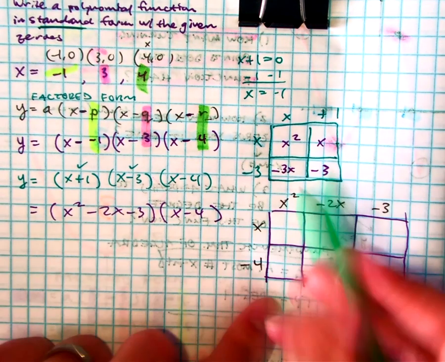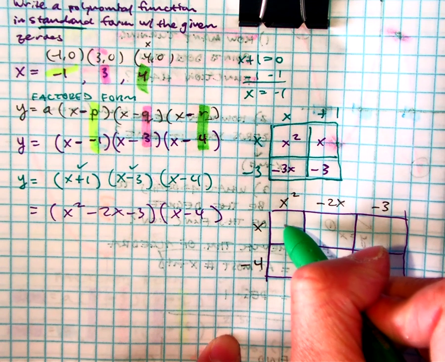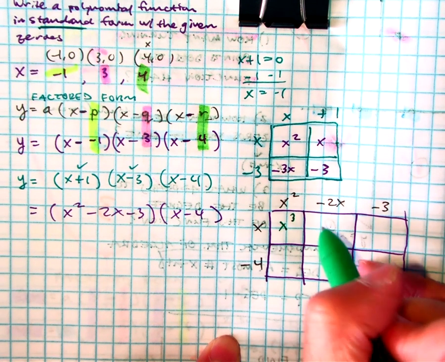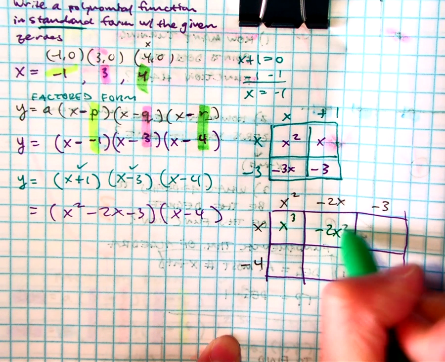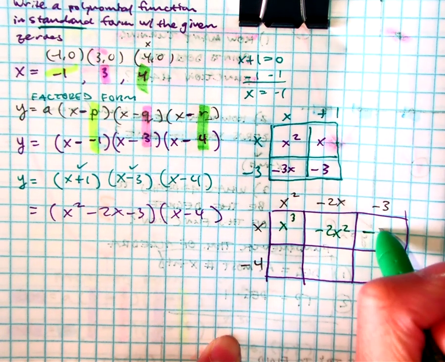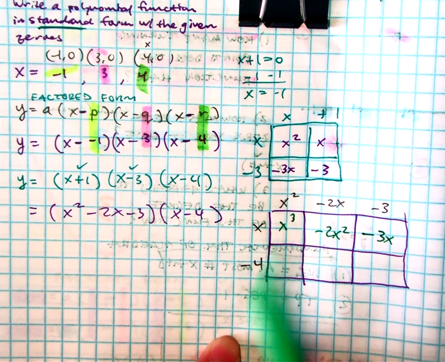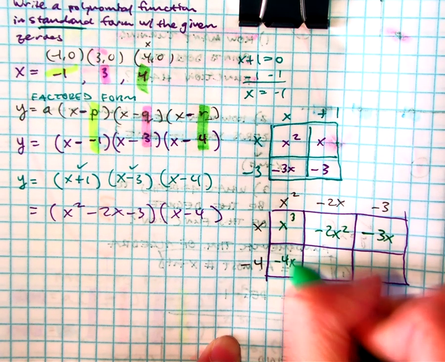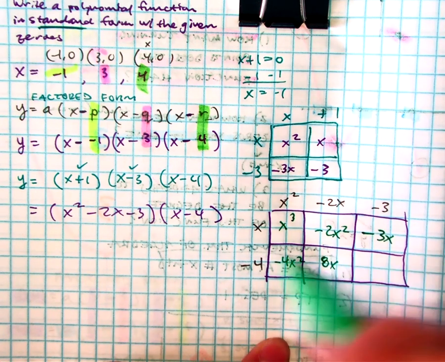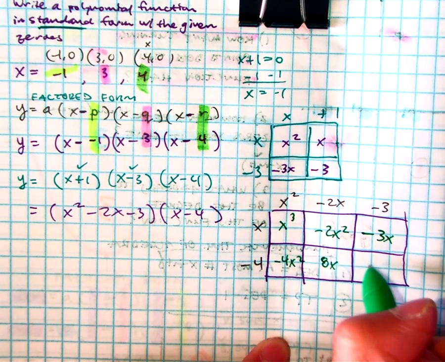Class, x times x squared? -2x times x. X times -3. X squared times -4. -4 times -2x. And -4 times -3.